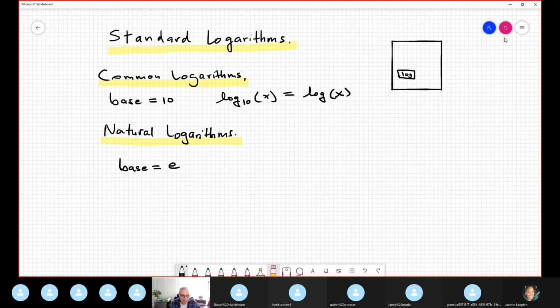And e is an irrational number. It's a famous irrational number. In mathematics there are famous irrational numbers. For example, pi is one famous in geometry, and e is super famous in logarithms.